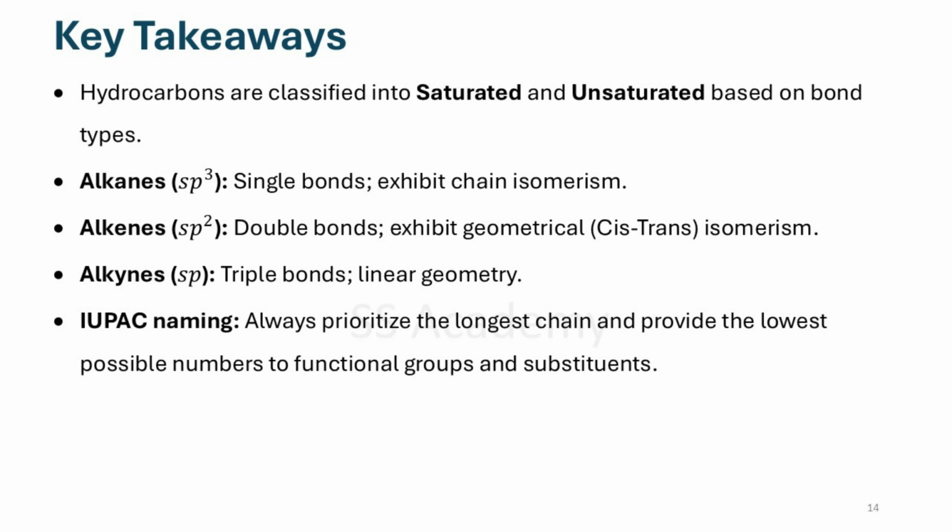The main things to remember are: identify the bond type, find the longest chain and number it correctly. Mastery of these basics is your ticket to excelling in organic chemistry. Thank you for your attention, and I will see you in the next session to discuss how these hydrocarbons actually react.